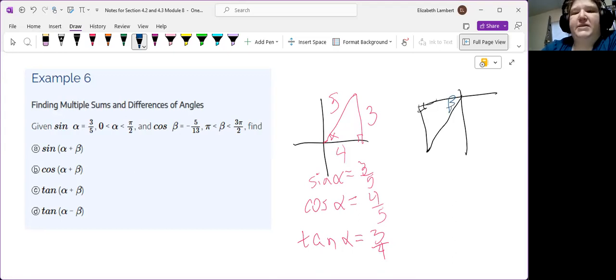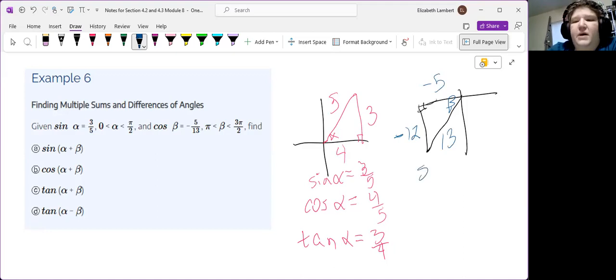The cosine is adjacent, -5 over hypotenuse, always positive, 13. This is also another Pythagorean triple. It's 5, 12, 13. So the length of that side is 12. The direction of that side is -y. So that is a -12.